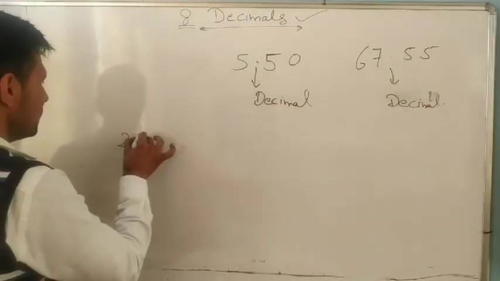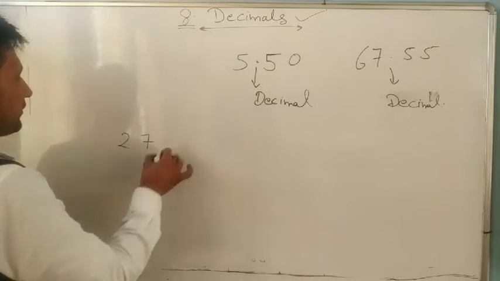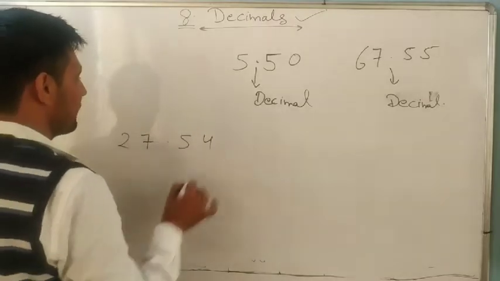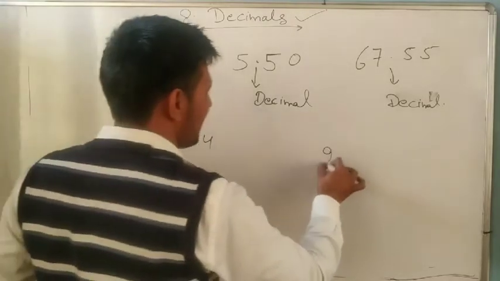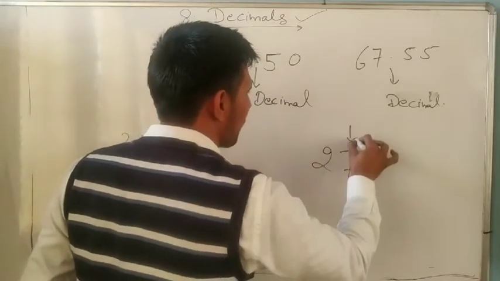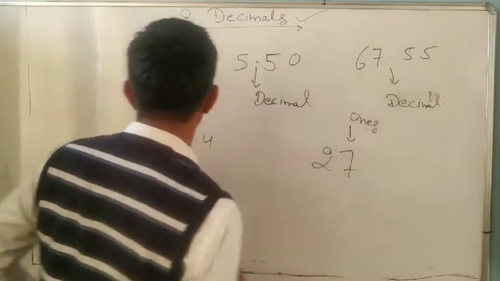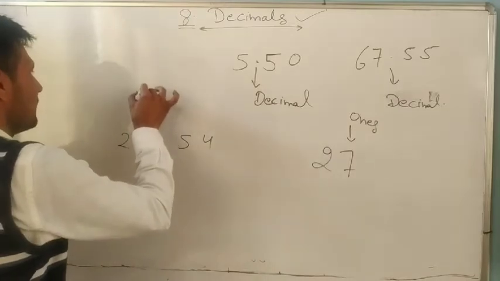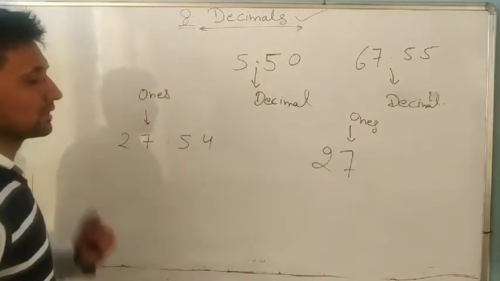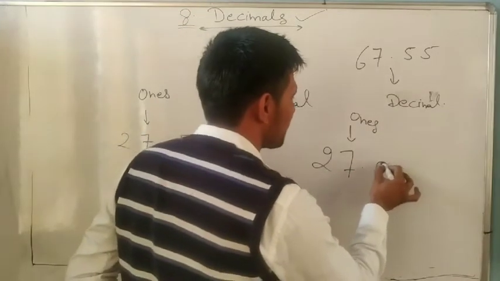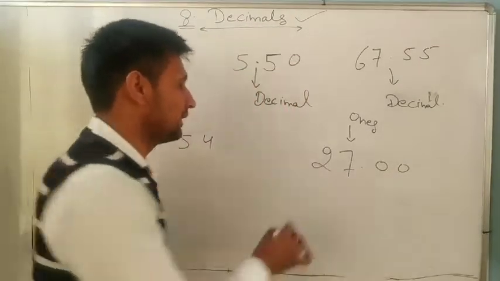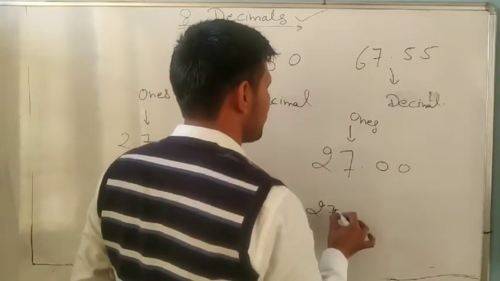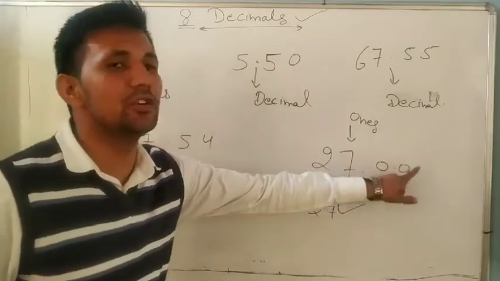Suppose 27.54. Everyone knows if I write any number, its place value is ones always. Sometimes we write 27 or 27.00; both are the same.